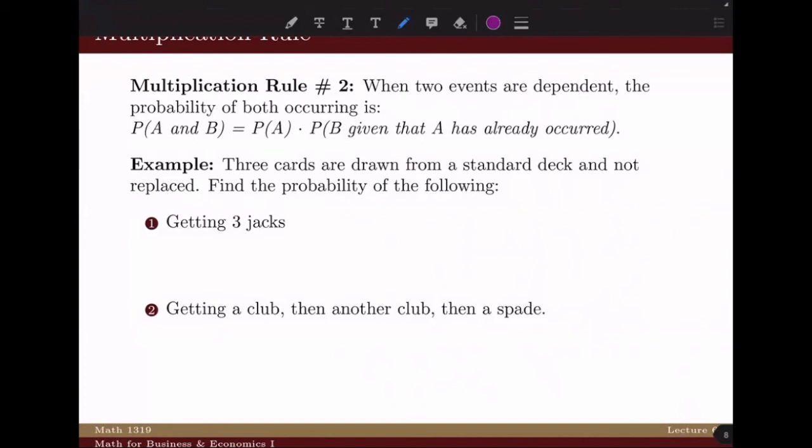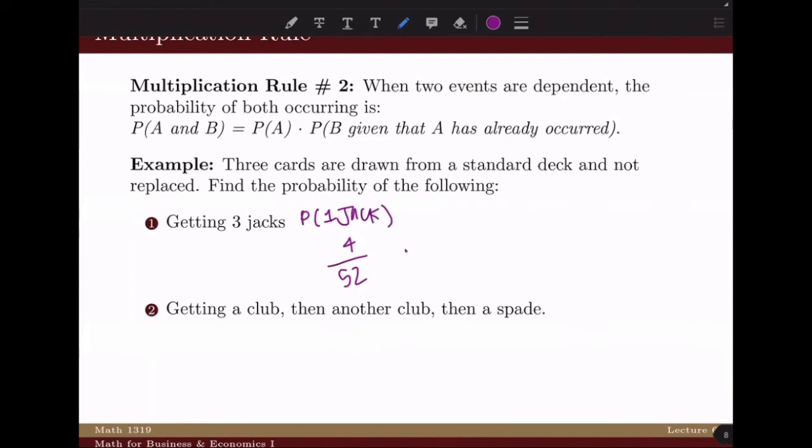So let's jump into these examples. Three cards are drawn from a standard deck and not replaced. Find the probability of the following. Getting 3 jacks. Well, the first jack is 4 out of 52 because there are 4 jacks out of 52 cards.